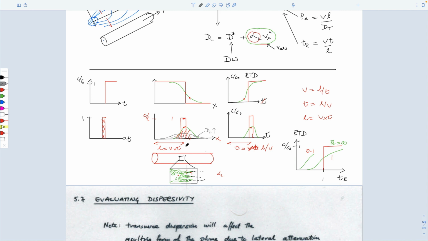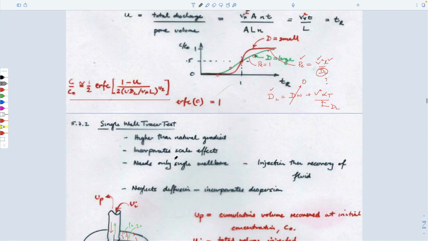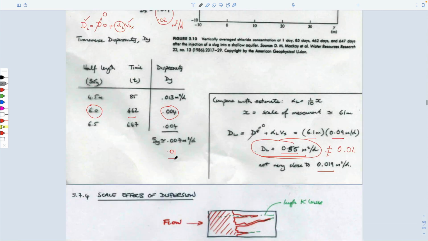So we need to talk about non-conservative transport. Non-conservative transport is when some of it is plucked out of the flow field, attached onto organic carbon or onto the surfaces of the grains, and therefore isn't in the water for you to drink. And so the next topic that we'll talk about is non-conservative flow.